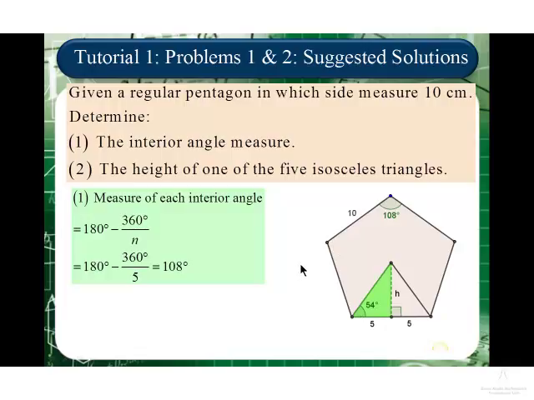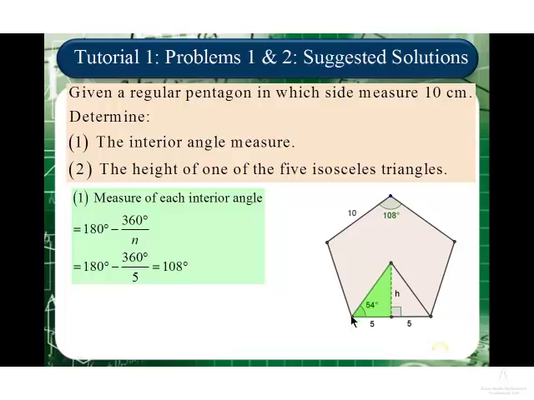Also, for the height of one of the 5 identical isosceles triangles, we have constructed one of them, defined by the center point of this regular pentagon and 2 adjacent vertices as indicated. If we now drop a perpendicular line from the center point onto the side length and have the midpoint of that side length as indicated, we know that this defines the height of the triangle, but also defines a right triangle as indicated in green on the screen.